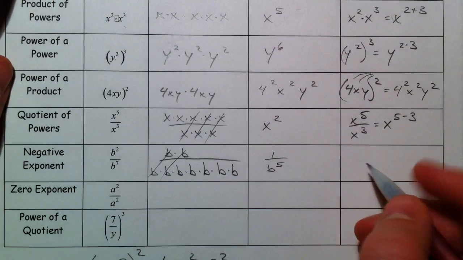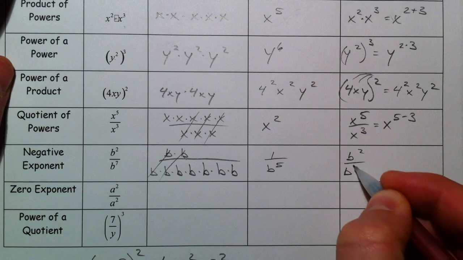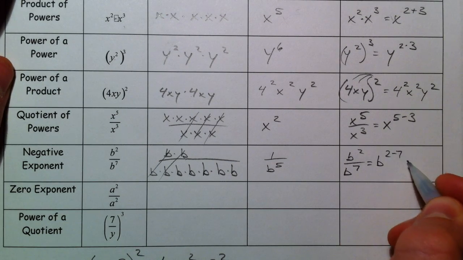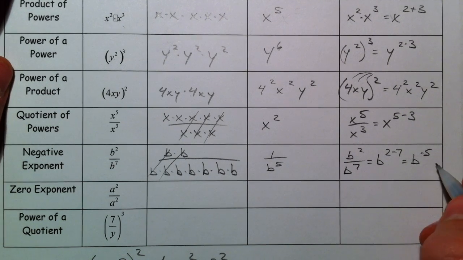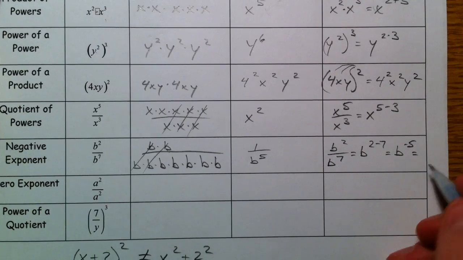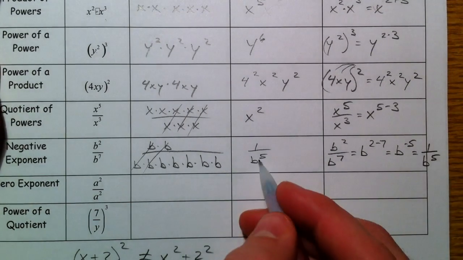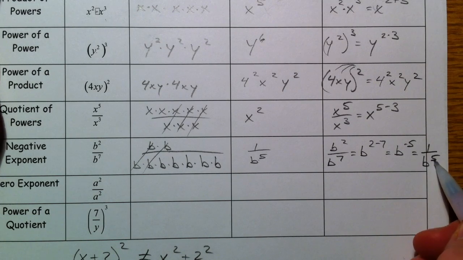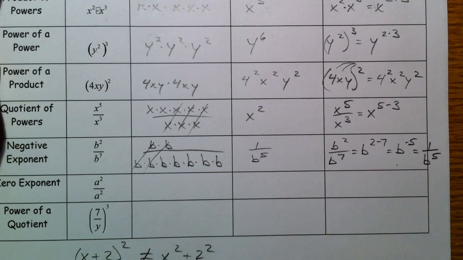So this is still the same thing. b squared over b to the 7th is b to the 2 minus 7, which is b to the negative 5th. And so this is the negative power property, where you take 1 over b and raise it to the positive 5th. So any negative power you bring to the bottom and make it positive. And anytime you get it on the bottom, you can bring it to the top.